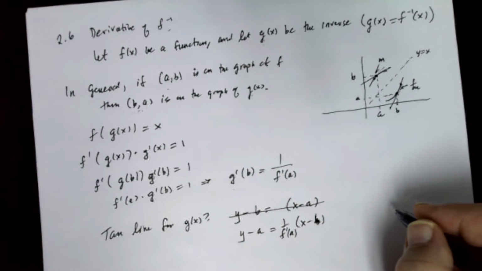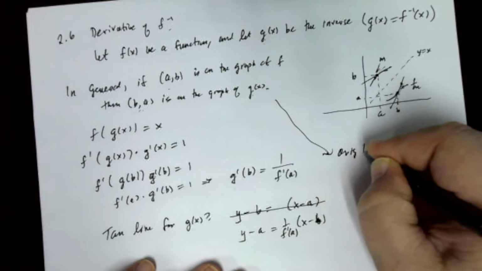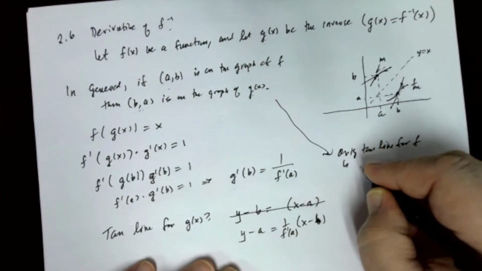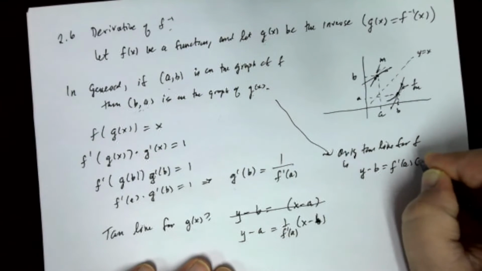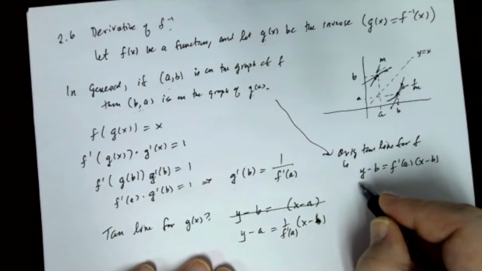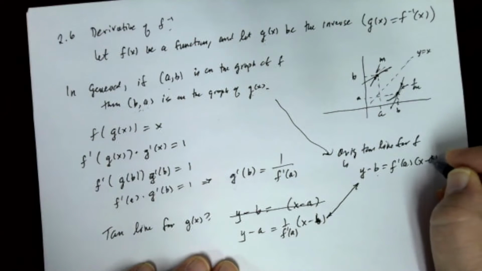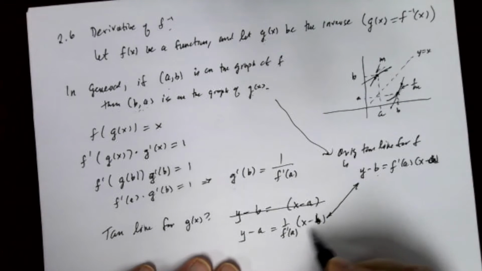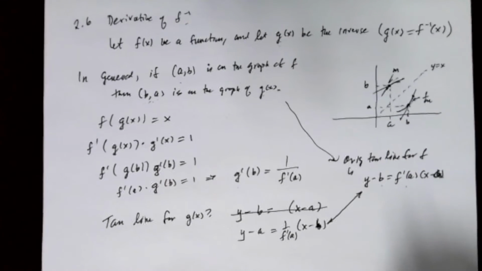Good. So remember that the original tangent line for f would be y minus b equals f prime of a times x minus a. So do you see how we would get the tangent line for the inverse? You swap a and b, and then take the reciprocal of your slope. Good. All right.